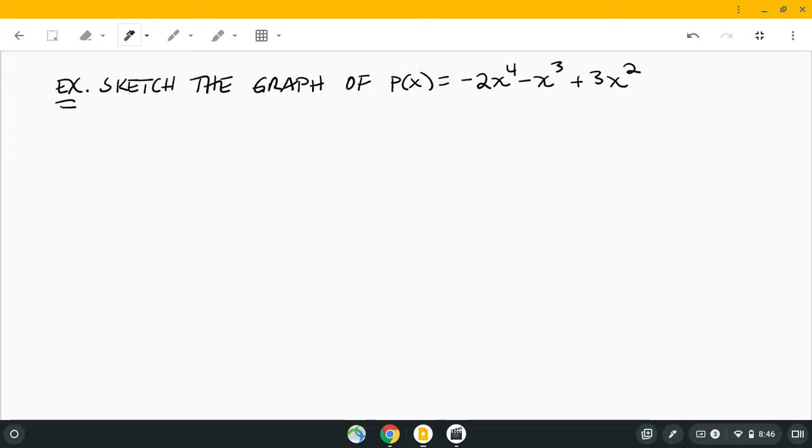Let's go ahead and sketch the graph of p of x, which equals negative 2x to the fourth minus x cubed plus 3x squared.